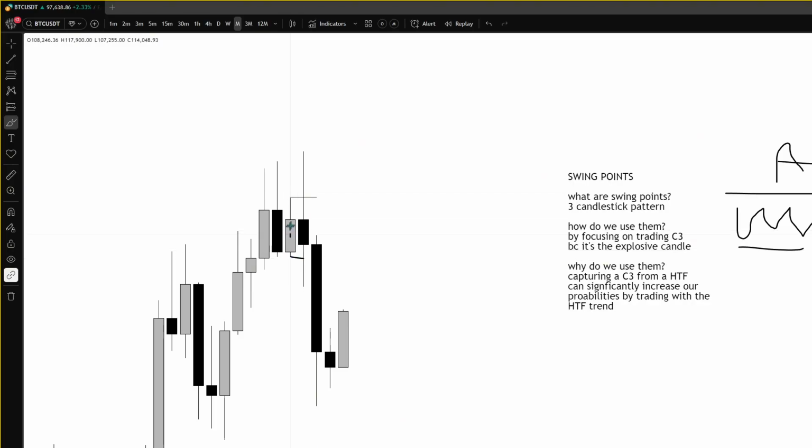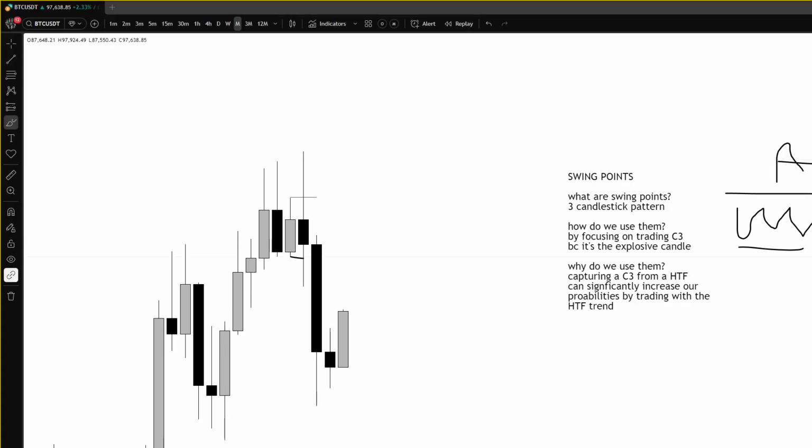Candle 1, we can label as the accumulation. Candle 2 is the manipulation. Candle 3 is the distribution, right? In a candle, this would be like a candle. We have the open, where a candle starts, which is usually the accumulation or the Asian range.